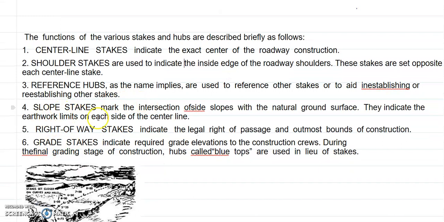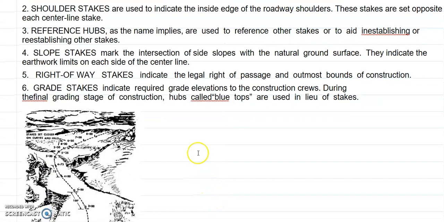Okay, then the slope stakes are used to mark the intersection of slopes with the natural surface. So these will indicate earthwork limits on each side of the center line. Right of way stakes, these indicate the legal right of passage and outmost bounds of construction.